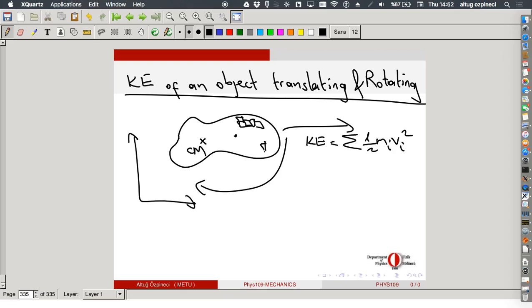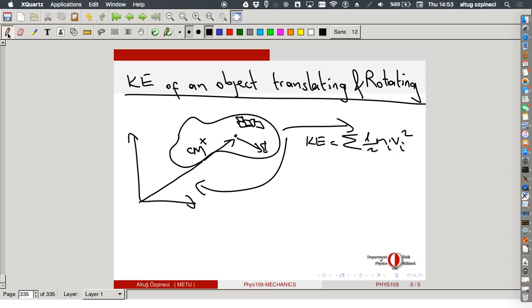Now we can just take some small mass. Its position vector relative to my inertial reference frame is Ri, and its position relative to this rotation axis is di. Sorry, let me change my notation a bit.